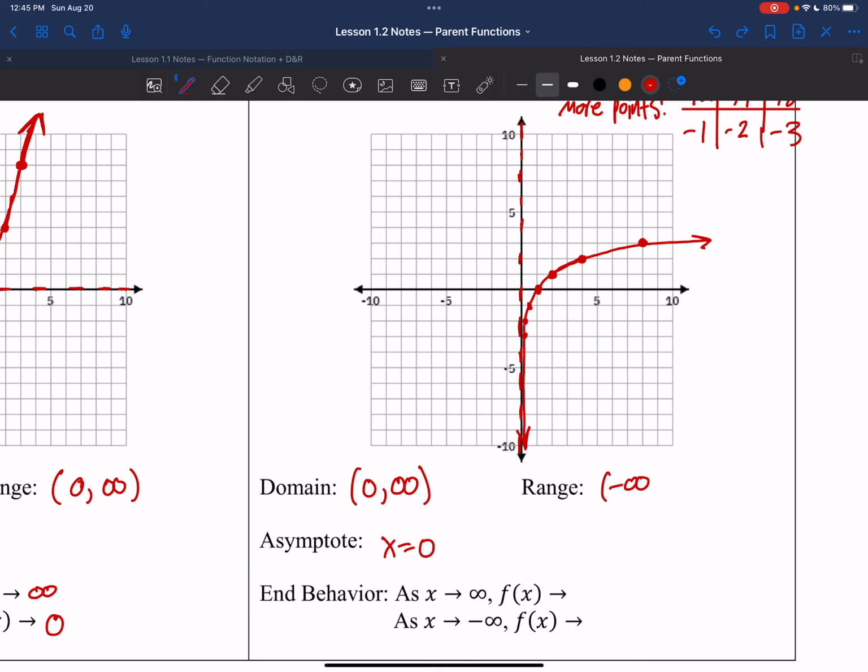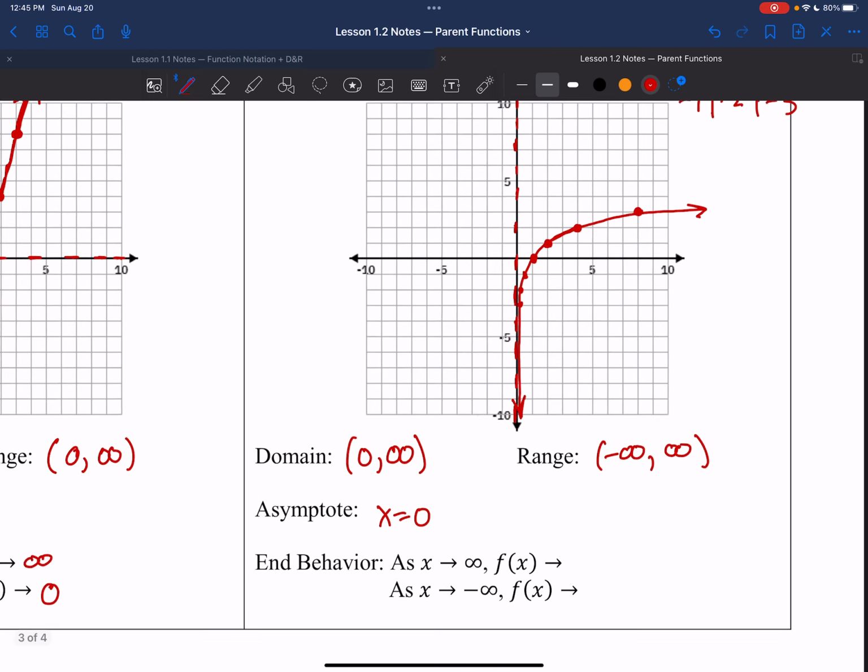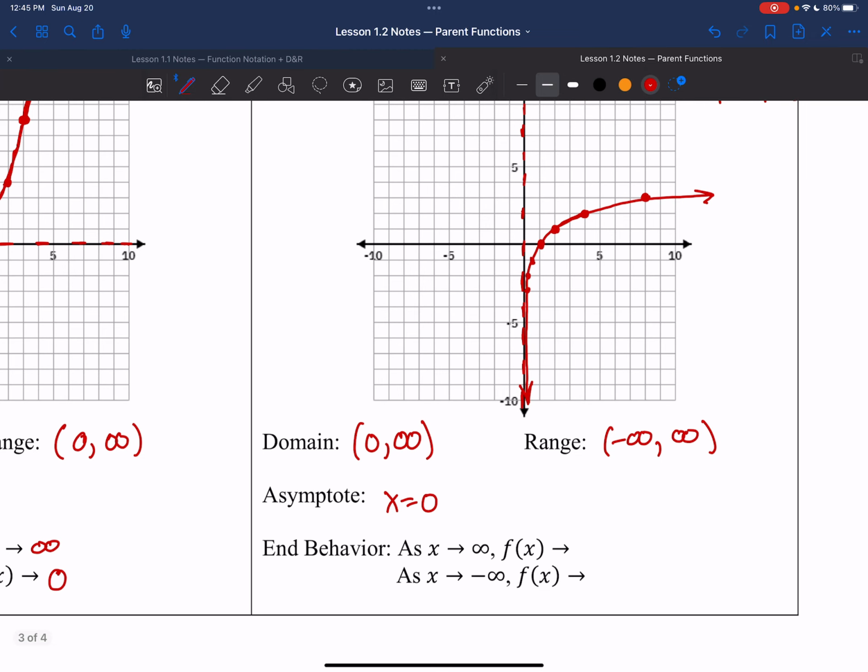And the end behavior, as x goes to negative infinity, f of x goes down forever to negative infinity. Oh, except this is another one of those times where it's kind of wrong. Okay, so this one I'm going to scratch out. Sorry. As x goes to positive infinity, as it goes to the right, it goes up forever. It's a little slow, but it does go up forever.